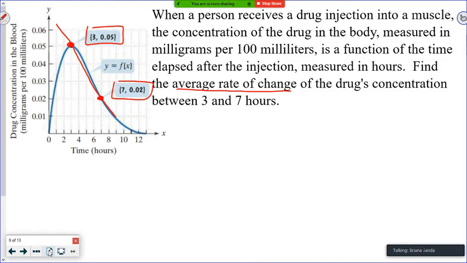And again, they have to talk about it being the average rate of change, or eventually you'll see some that ask you for the average velocity, because it's not a linear equation. So it's not the slope necessarily of the function. It's the slope of the secant line just connecting any 2 points.